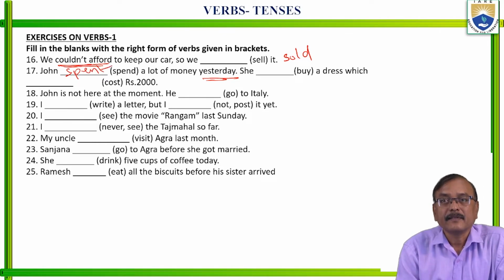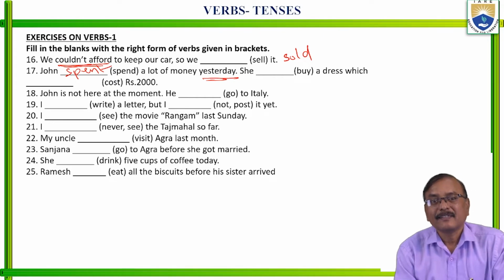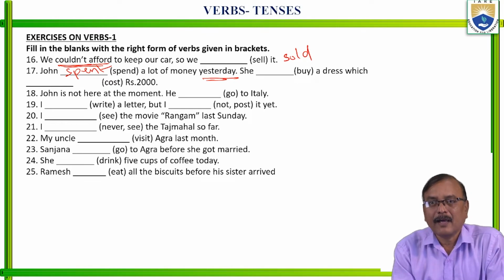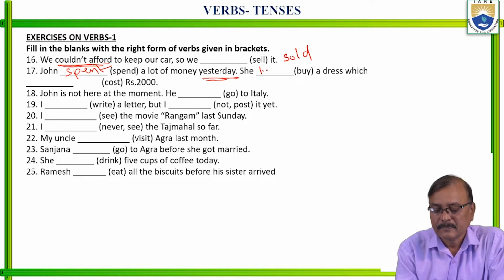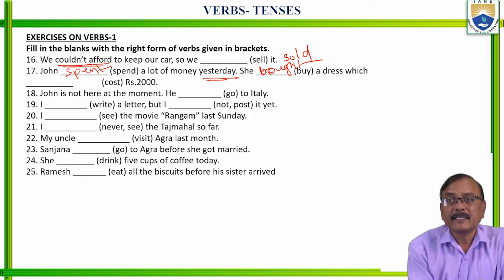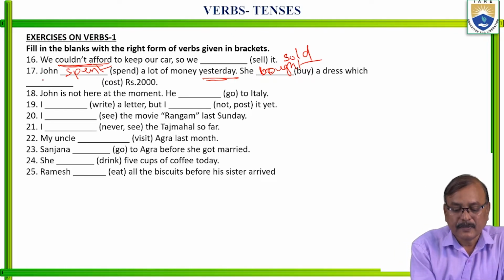It is the sequence of events in the past, all simple past only. John spent a lot of money yesterday. She bought a dress, which is also past only.